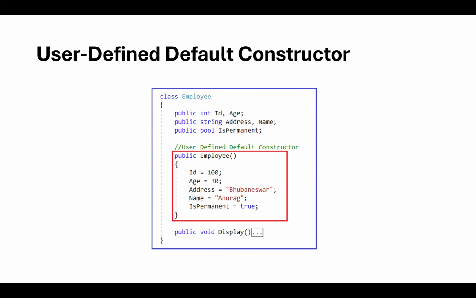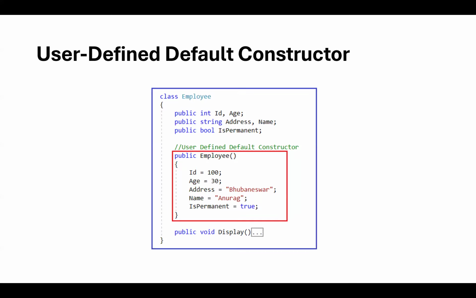So this type of constructor is named a default constructor, and parameterless. It doesn't matter how many objects are created for the Employee class, each instance or each object is initialized with the same set of values.